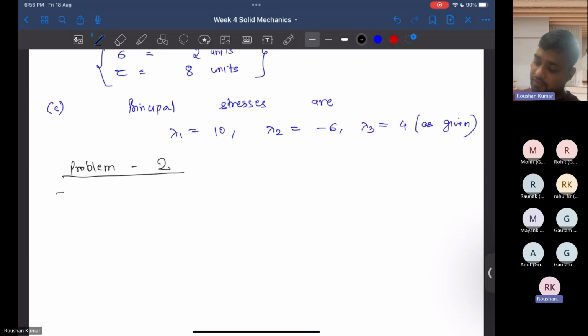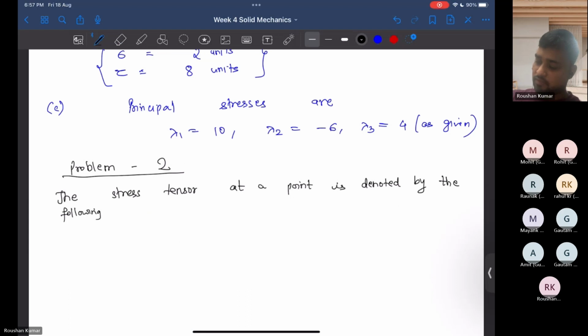So the question is, the stress tensor at a point is denoted by the following matrix in Cartesian coordinate system.